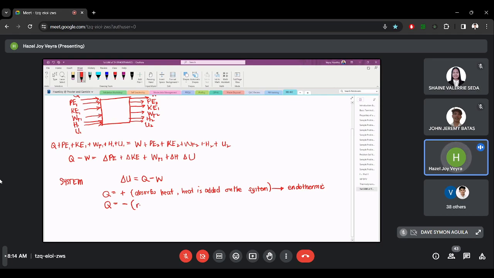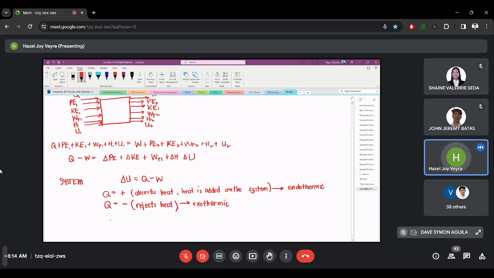So this is heat being rejected or rejects heat. So this process is exothermic. Nagre-release si system ng heat.